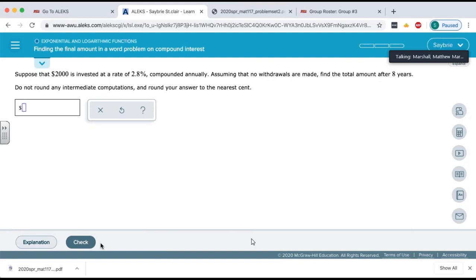So these on my calculator are way easier than using your phone, that's for sure. On your phone, you'd have to almost do the 0.028 divided by 1 first, and then add that to 1, and then raise that answer to the 8th power, and then times that by 2,000. That's a trick. But on my calculator, I'm going to type it in exactly as I see it.